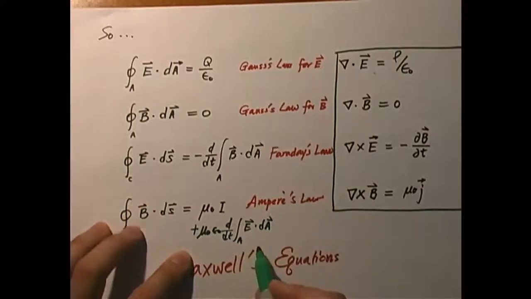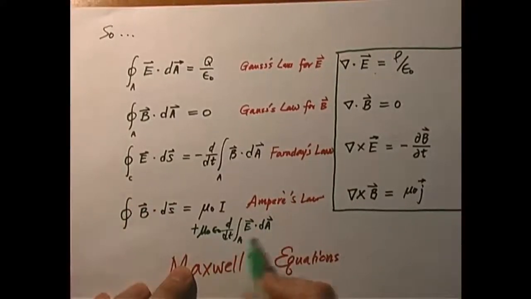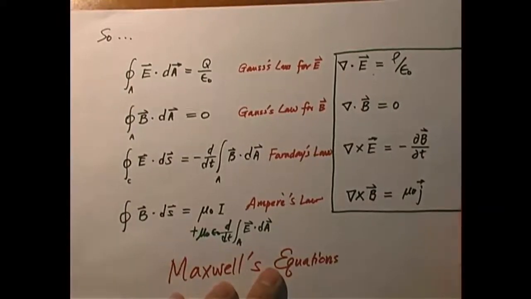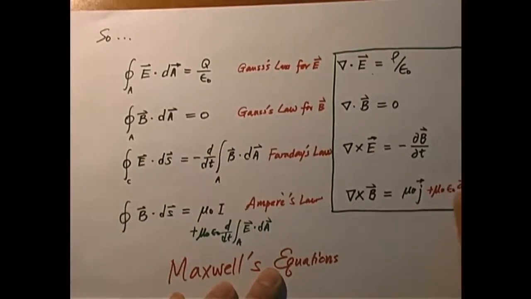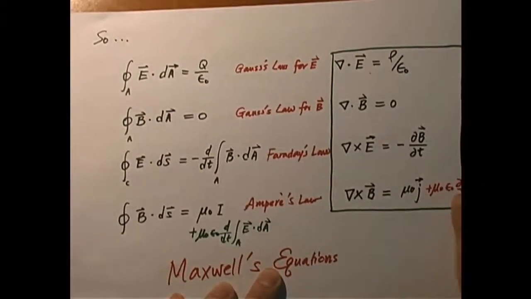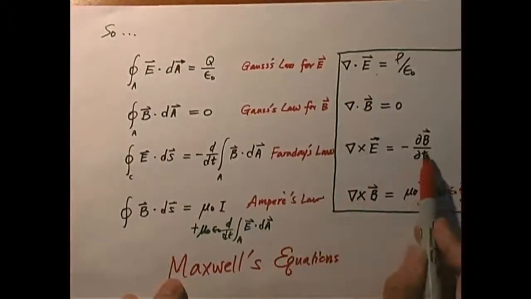That is the displacement current term. And I also have to rewrite here. What new term do I add here? Instead of just mu naught J, I also have to add mu naught times what? Times epsilon naught times partial E partial t. Just like over there is partial B partial t.